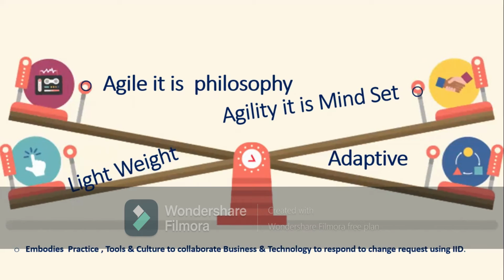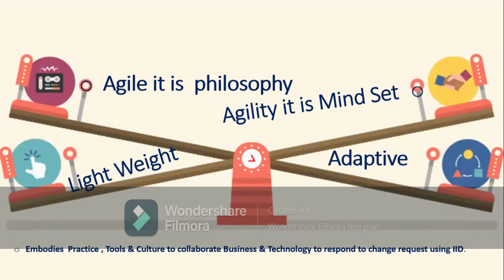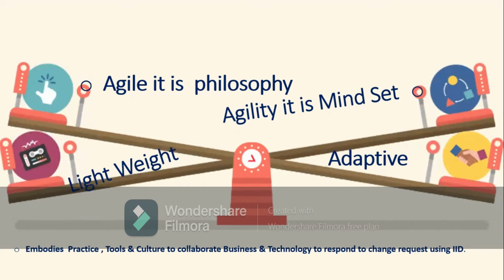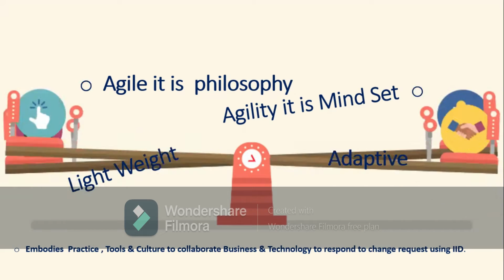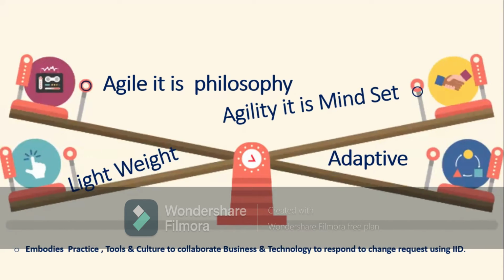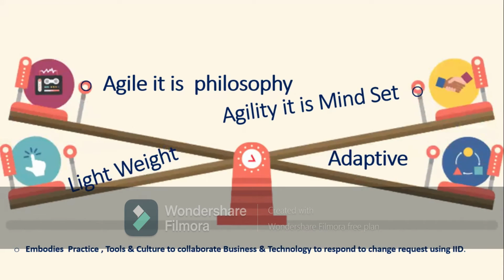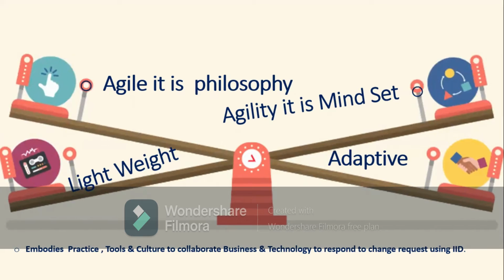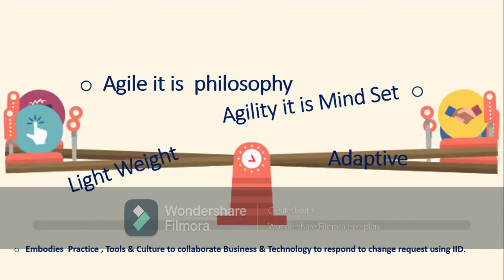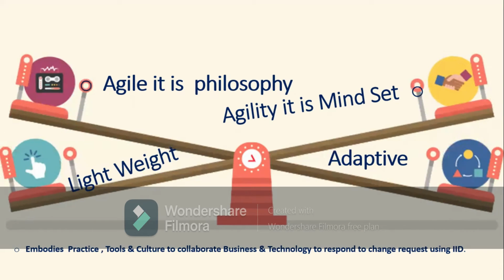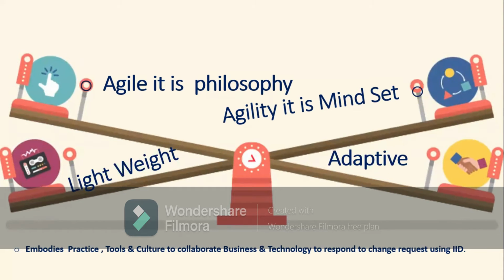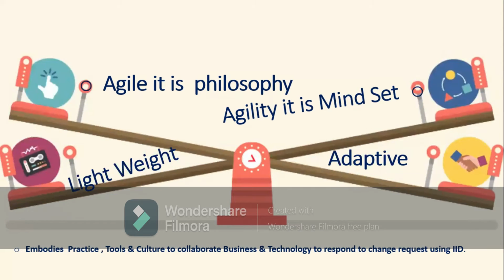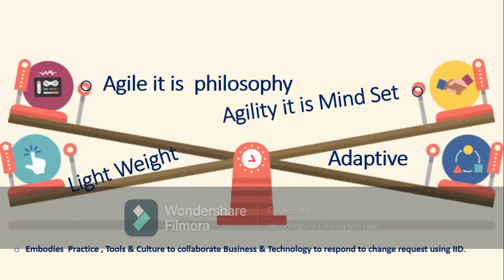The characteristics of Agile are that it is considered lightweight and adaptive, as compared to traditional Waterfall, which was heavy and considered for big projects that take long durations. Agile, as a concept or manifesto, employs all of the practices, tools, techniques and cultures so that it collaborates business and technology by using what we call IID, iterative incremental delivery.